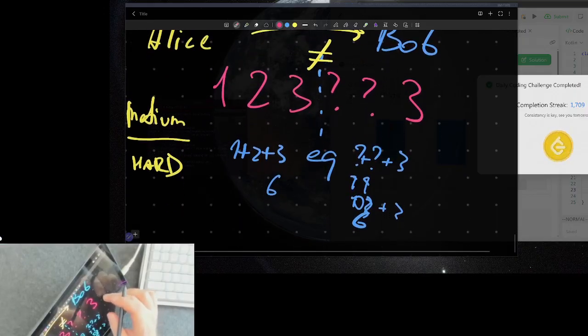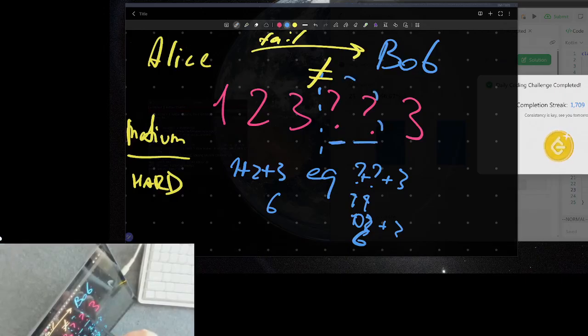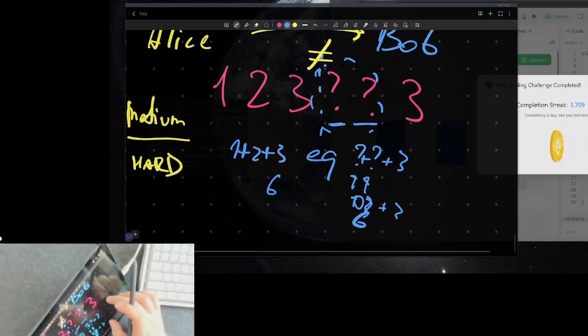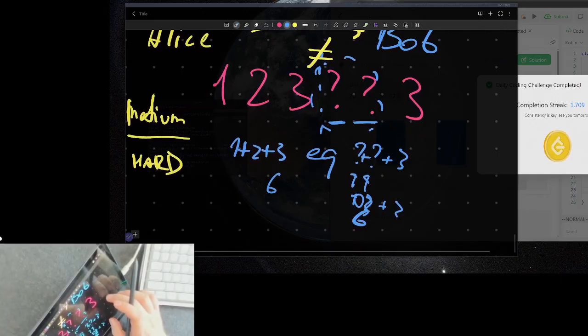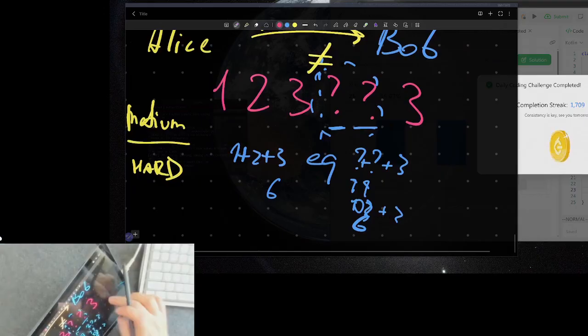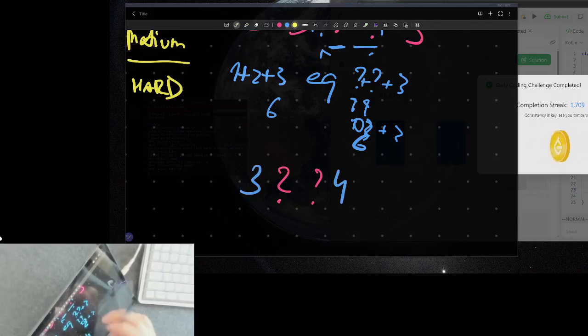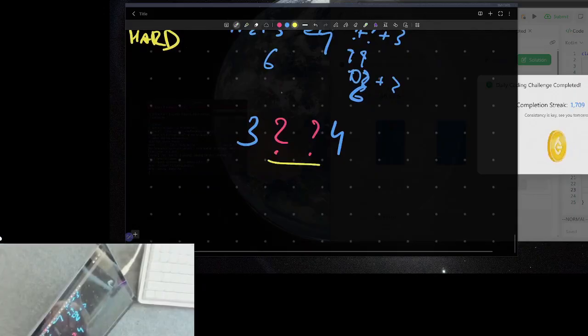So let's start with Alice, and we want to find the corner cases of these question marks and consider all of them. The first corner case is, for example, a question mark and then some numbers 3 4, and this question mark is even.